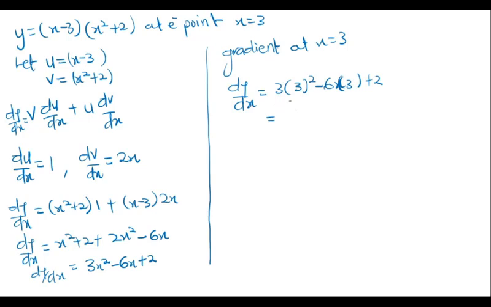This will give us 27 minus 18 plus 2. So 29 minus 18, if we add 27 and 2, minus 18. So we are going to get 11 as the gradient to the curve for this example. So this is how we simply go ahead and find the gradient to the curve of a particular function.